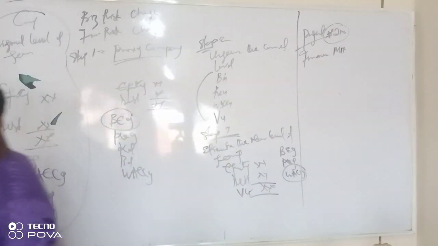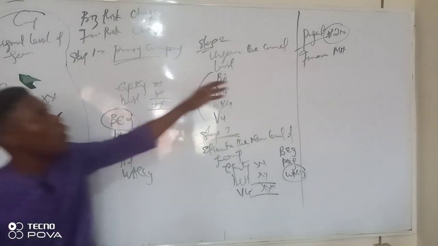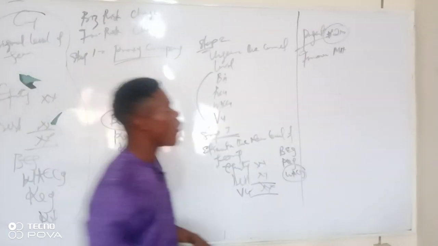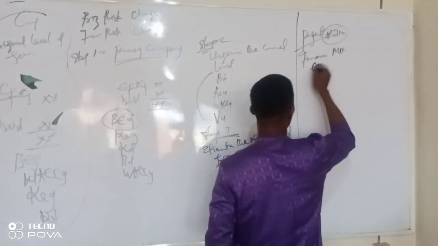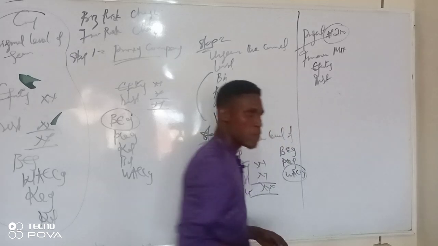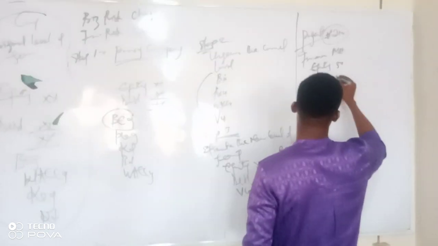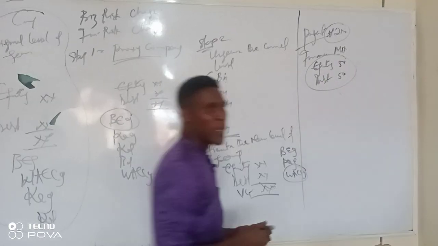How much of equity and how much of debt? So they can say, okay, equity 50, debt 50. That is the financing of that project.